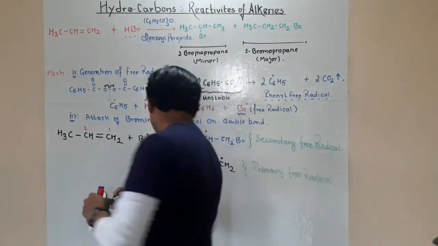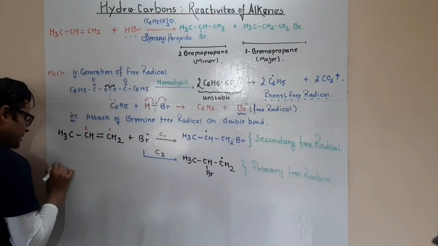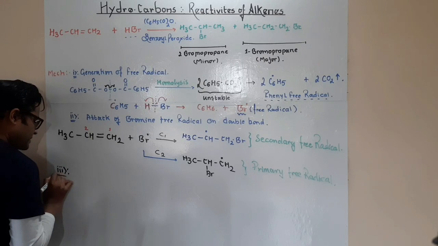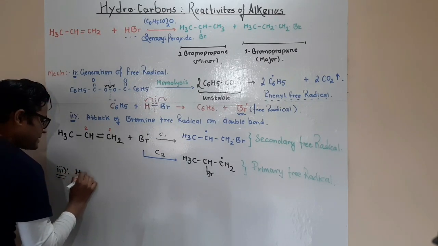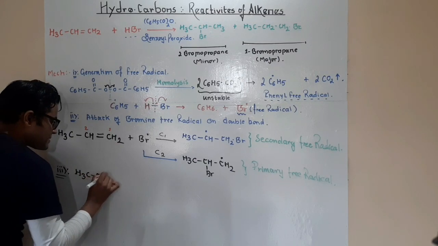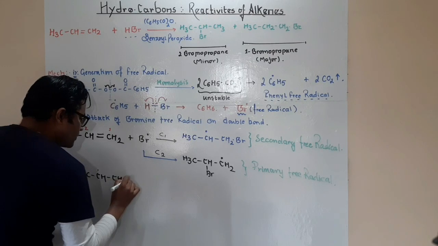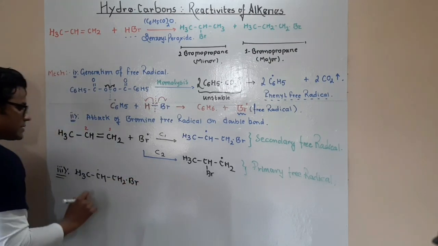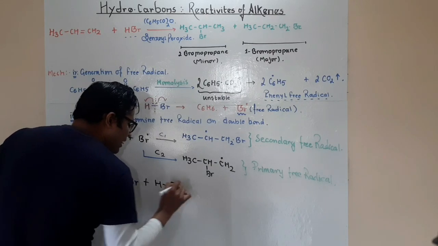So therefore, when we have this, it goes to step number 3. So in step number 3, what is going to happen here? That is CH3 CH dot CH2Br. Now it reacts again with another molecule of HBr.